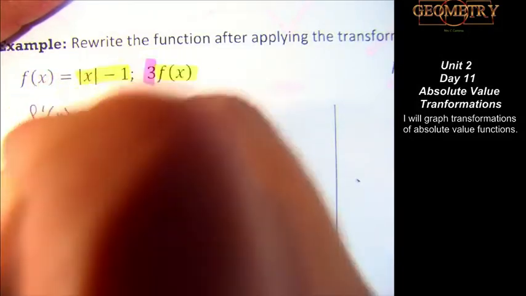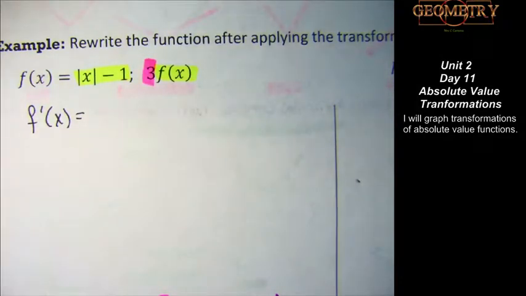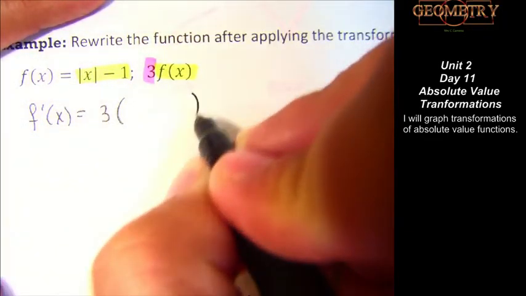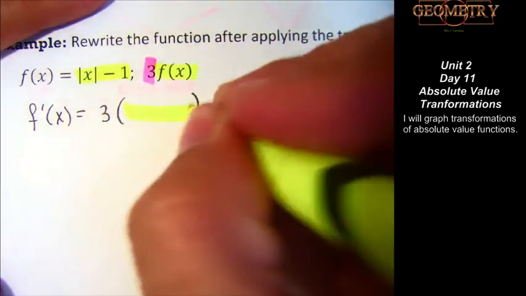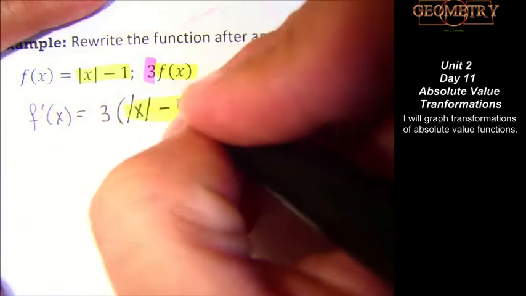Because no one told me what name they want me to give it, I get to make up whatever name I want. So I've named this f prime of x. That little prime symbol meaning I'm changing it. All right, and this says that I need to take 3 and I need to multiply it to my f of x function, which up here was told to me to be that.